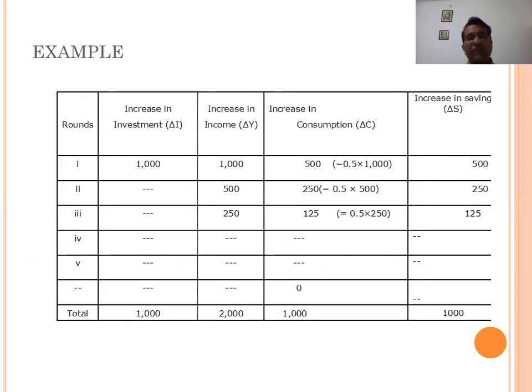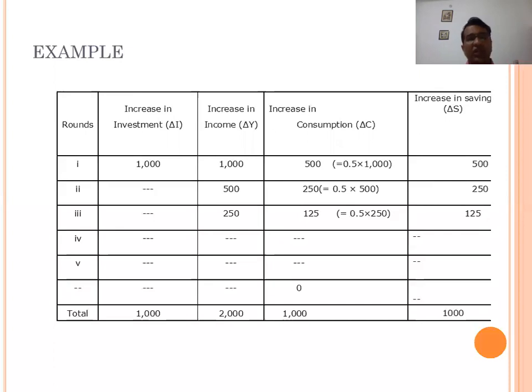This 125 becomes income in the next period. Out of that, 50% is spent and 50% saved. In this way the process goes on, and ultimately the total income increase is 2000, total consumption increase is 1000, and total saving is 1000. This is called the working or process of the multiplier.